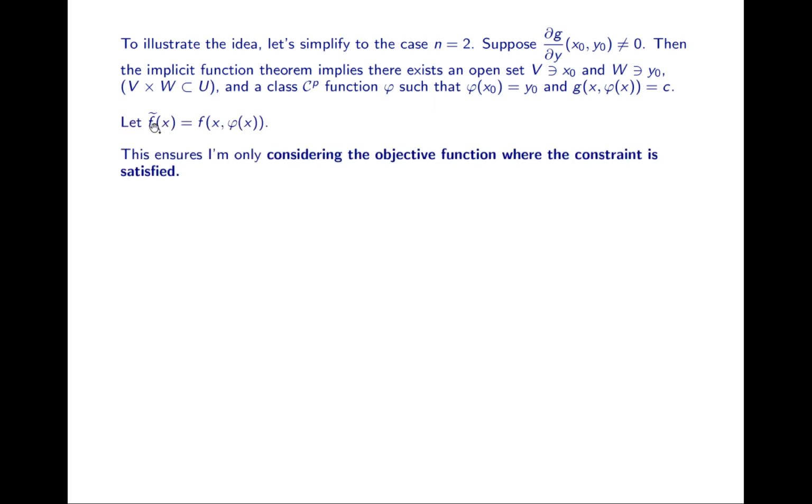So instead of considering f of x comma y, where x and y satisfy my constraint, I'm going to think of f tilde of x as equal to f of x comma phi of x, because the graph goes through my feasibility region. I'm guaranteed that f tilde of x satisfies my feasibility region, and now I just want to maximize or minimize f tilde.